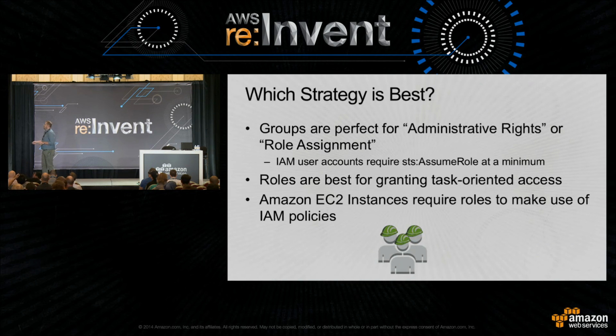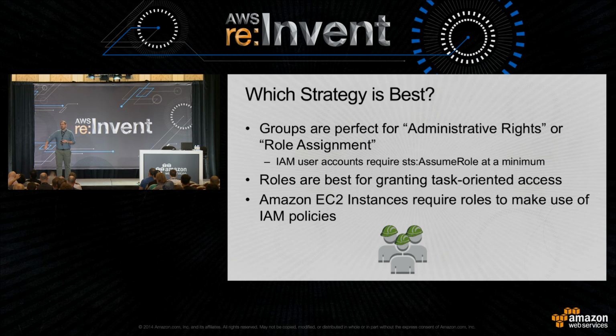So obviously, there's not a best strategy in this, and I'm not trying to push one over the other because every company is very different, even though we solve the same problem. But groups are great when you need to assign administrative rights. You need to create users that can actually do administrative work, right? So you can create a group for that.